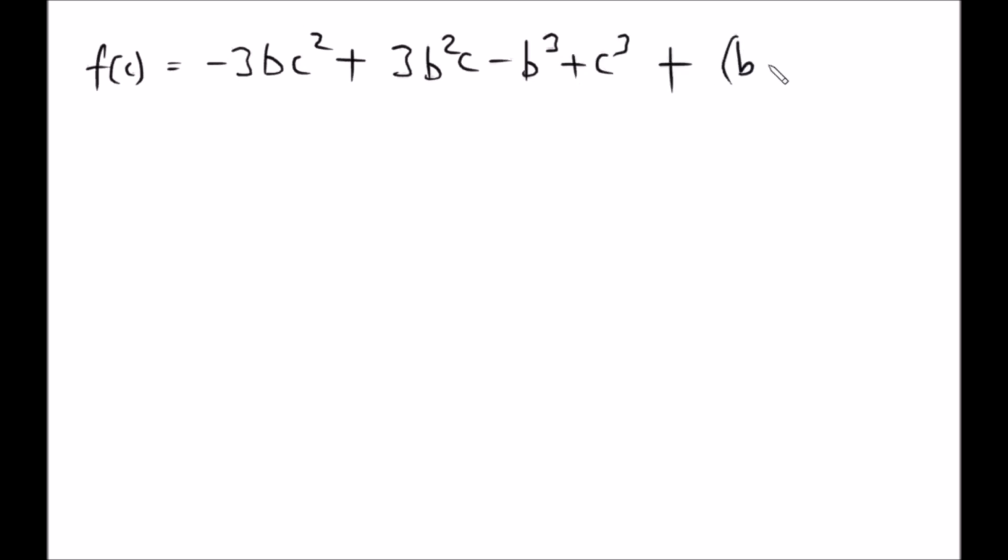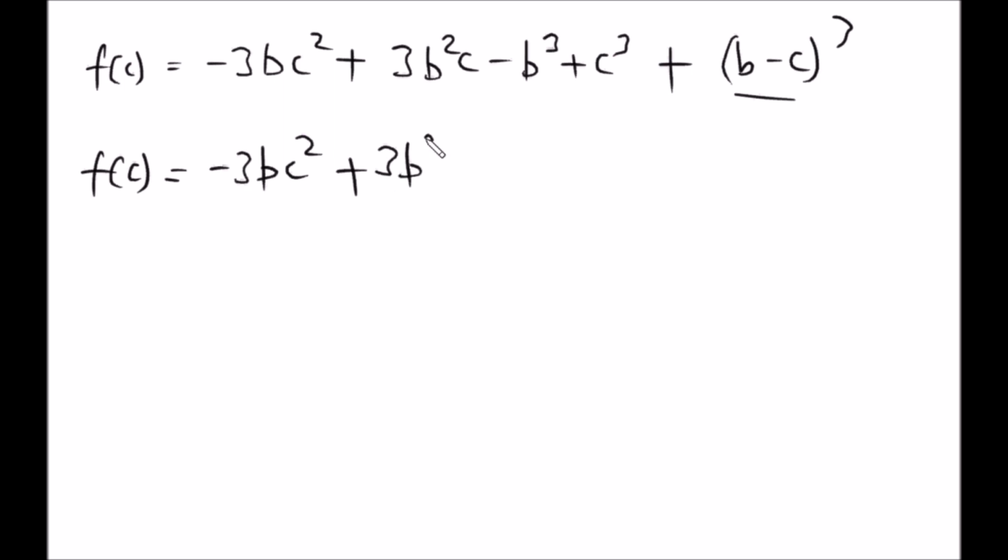Kumbe sasa fc sasa na negative 3bc squared plus 3b squared c. So we have minus b cube plus c cube. So plus b minus c cube. So to expand here, b minus c cube. So fc now is negative 3bc squared plus 3b squared c minus b cube plus c cube.